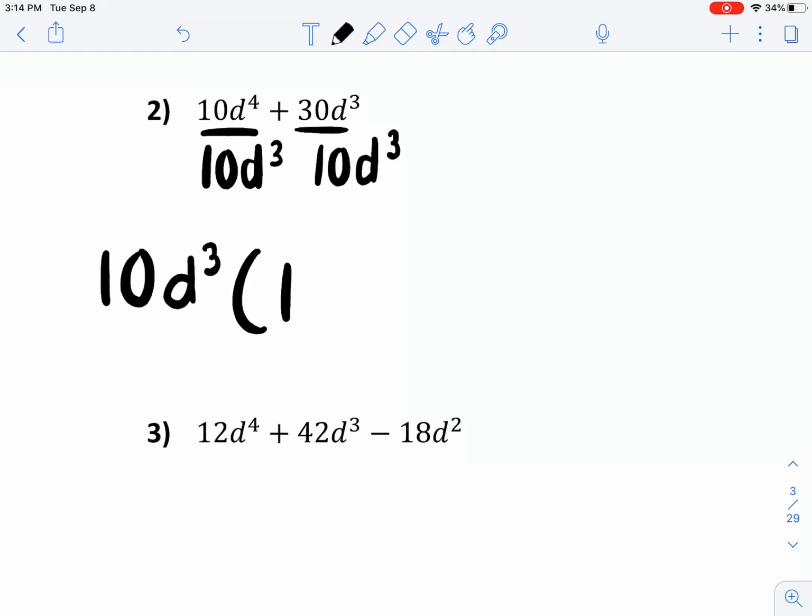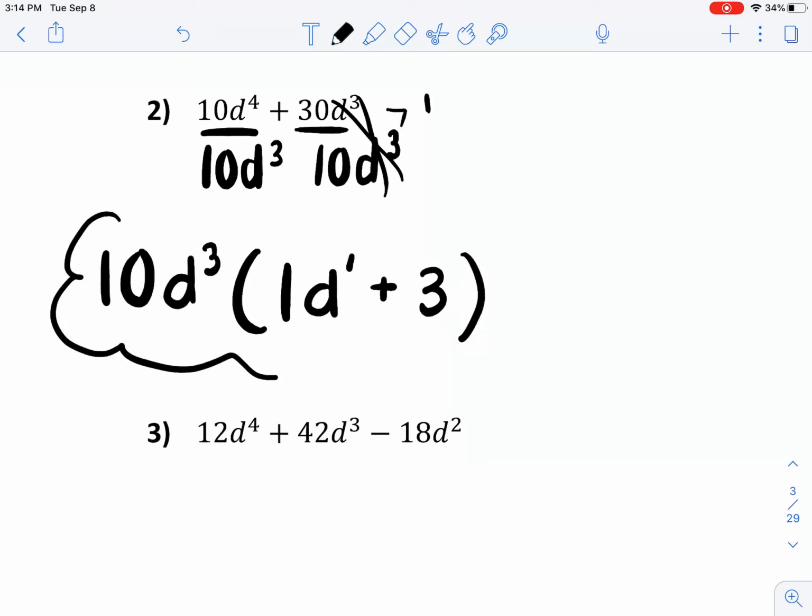D to the fourth divided by d to the third is d to the first, plus 30 divided by 10 is 3, and d to the third divided by d to the third, since they match, they cancel out. Technically, that equals 1, but since I already have a 3 here, it would be 3 times 1, and 3 times 1 is just 3. So if you already have a number written down, you can just cross off the matching variables and call it a day. That's our answer.